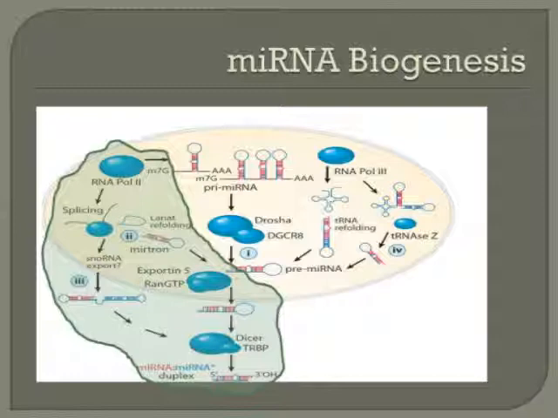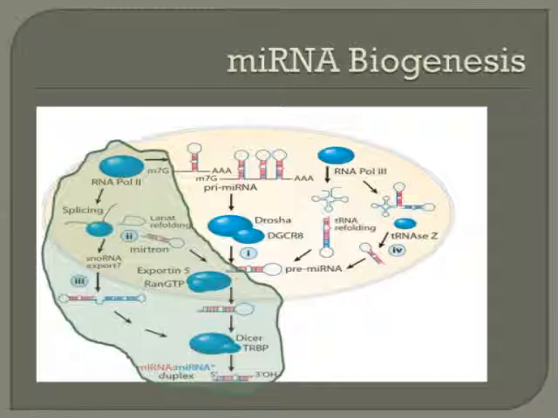This pre-microRNA is then processed by another enzyme in the cytoplasm called Dicer. Dicer cleaves the 3' stem loop structure and creates a double-stranded microRNA duplex.